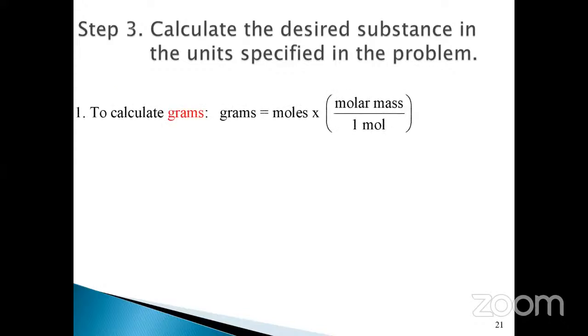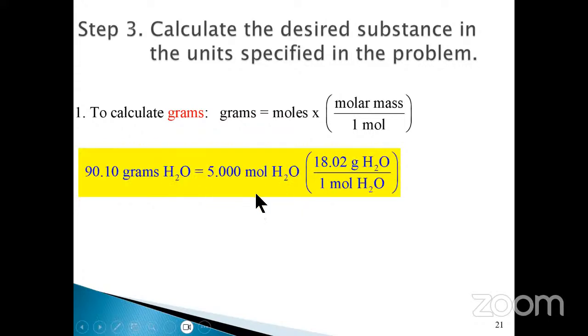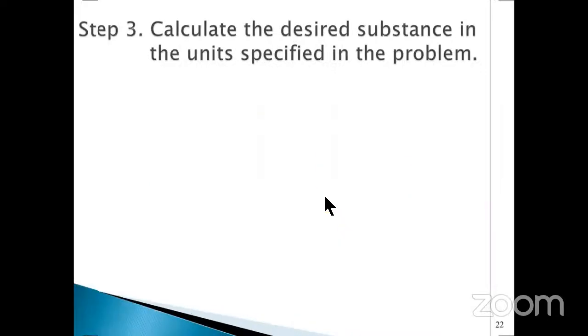If you're asked for the answer in grams, then you take the moles and multiply by the corresponding molar mass. For example, in this case here, let's say you worked out that you end up with 5 moles of water, then to convert it to grams, you multiply by this conversion factor, which represents the molar mass of water, right?